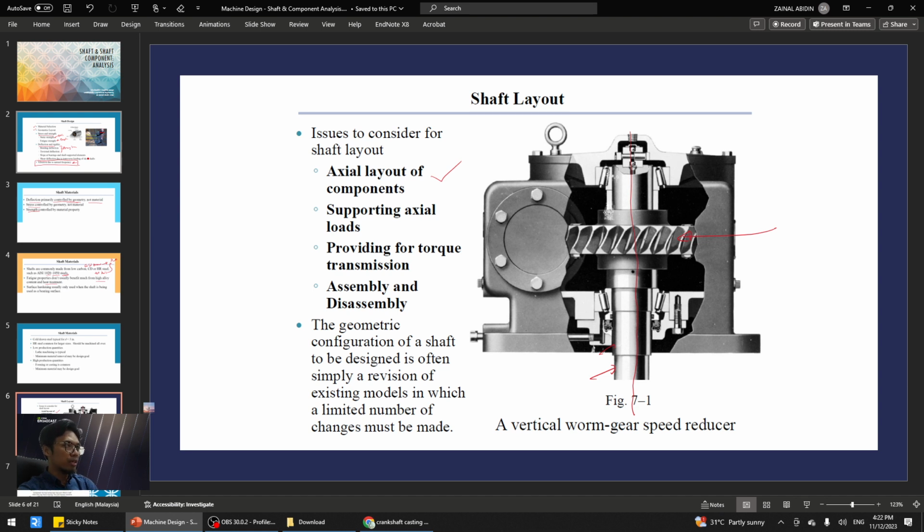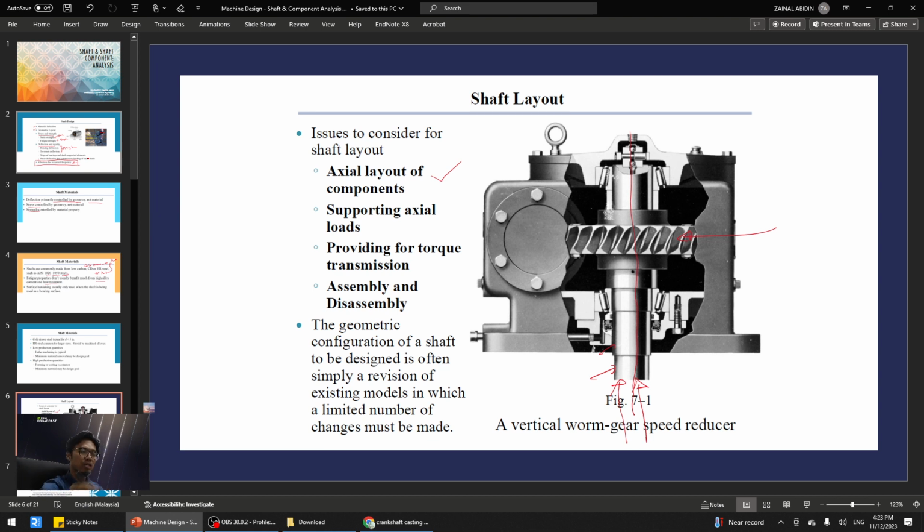And the other one is supporting axial load. Okay, if you are using, for example, this machine, what kind of force reaction can hold this kind of axial force? Axial force ni maksudnya force yang melalui axis shaft tu. Apa yang boleh bantu dia hold in position of that shaft? For example, dia akan ada loading axial yang mengarah kepada you punya shaft ni.